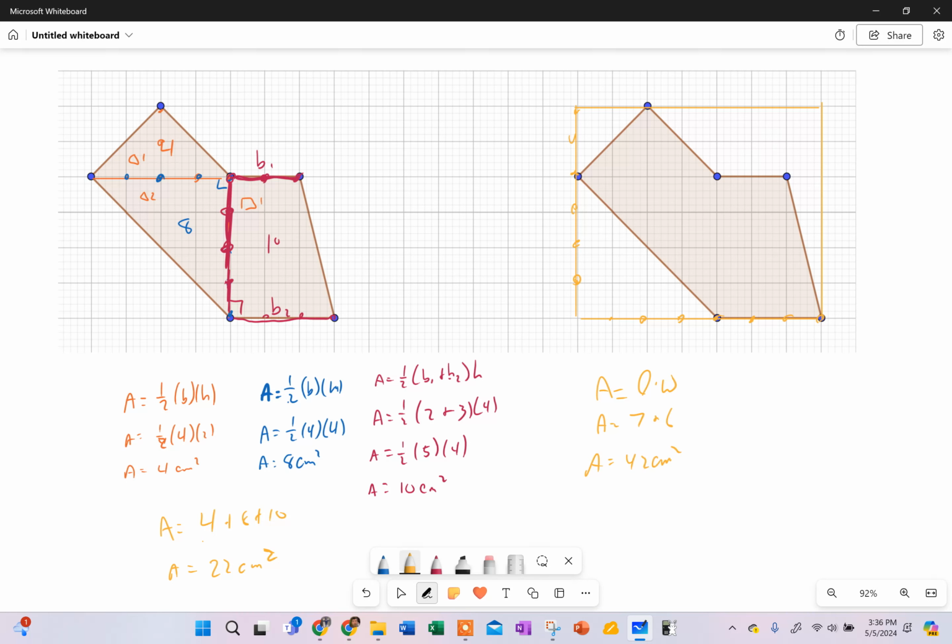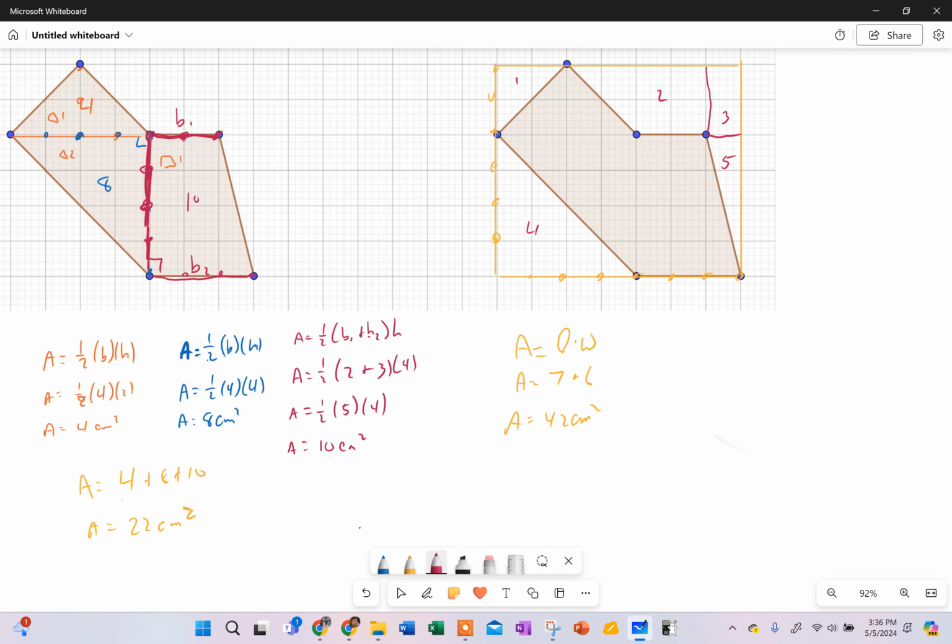So what I'm going to do is now find the area of these 4 shapes, or rather, maybe I'll make it 5 shapes.